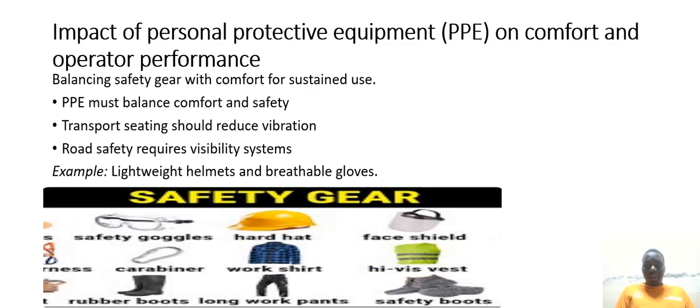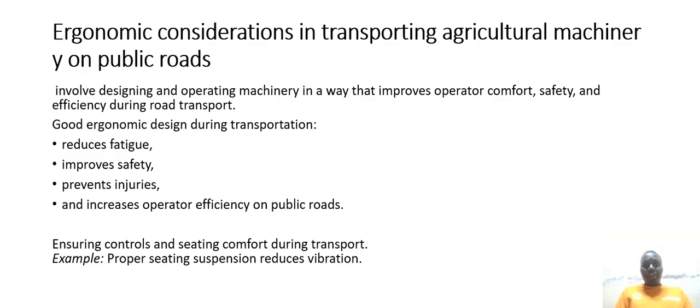Another slide talks about ergonomic considerations in transporting agricultural machinery on public roads, which involves designing and operating machinery in a way that improves operator comfort, safety, and efficiency during road transport. Good ergonomic design during transportation reduces fatigue, improves safety, prevents injuries, and increases operator efficiency on public roads.